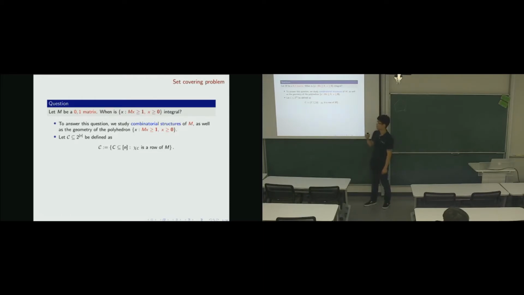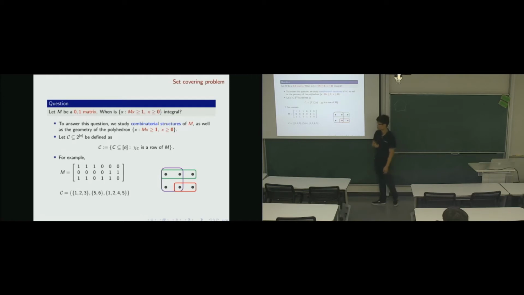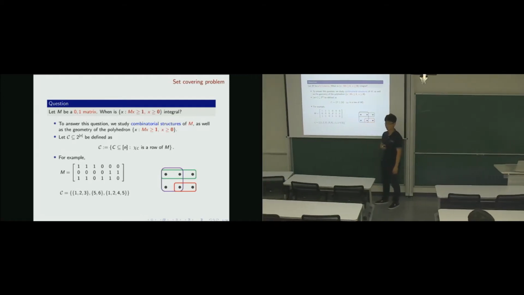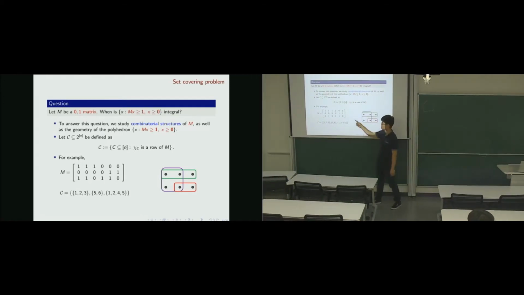Then each row corresponds to a subset of this index set. Now you can collect the sets coming from the rows of this matrix. For instance, you have this 3-row matrix. The first row corresponds to the set {1, 2, 3}. Now you can construct the family of these 3 sets.